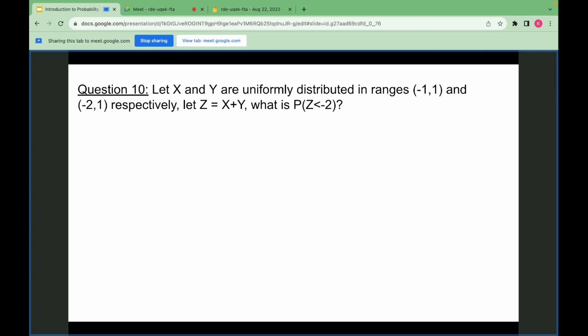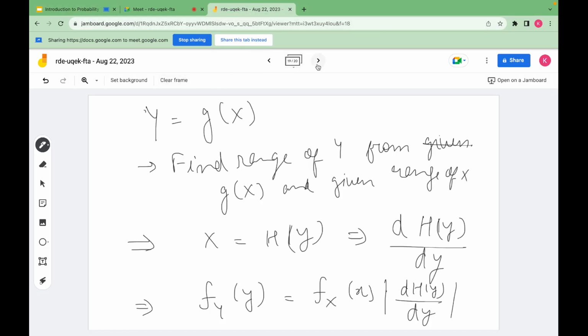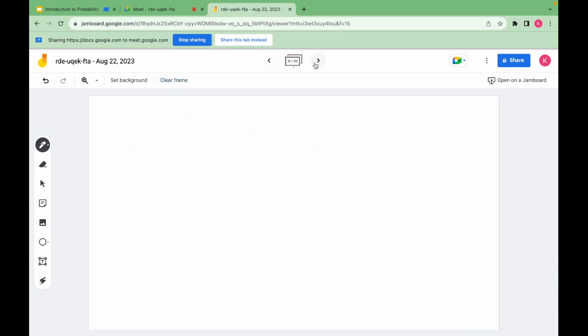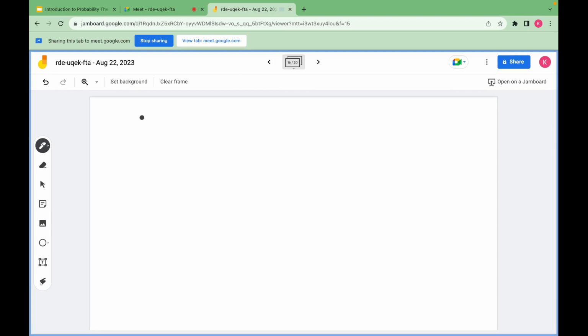So first we need to find this probability density function for z. X is a uniform distribution from minus 1 to 1.